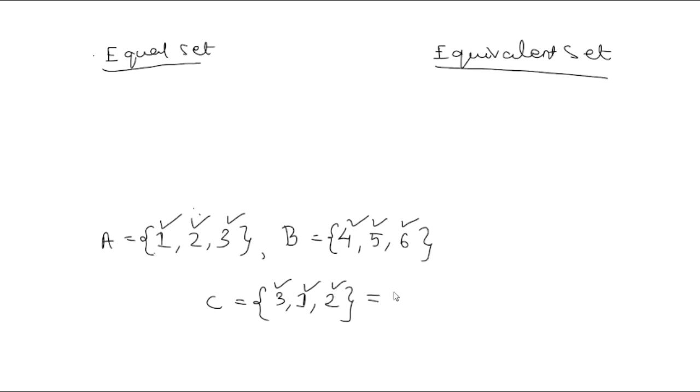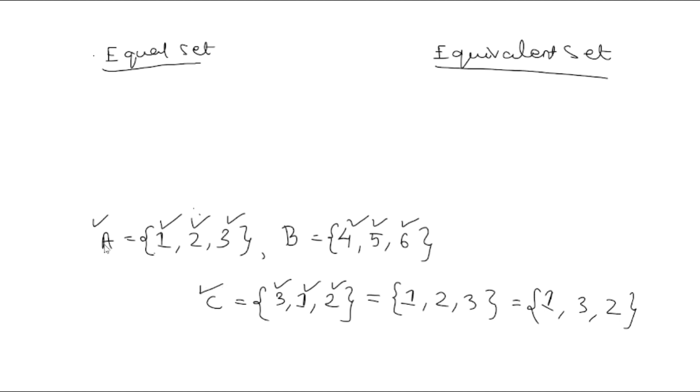We studied in the last class that the order of representation of elements does not matter. 3, 1, 2 or 1, 2, 3 or 1, 3, 2, all are the same. So we can write C equal to 1, 2, 3. That means this is equal to set A.